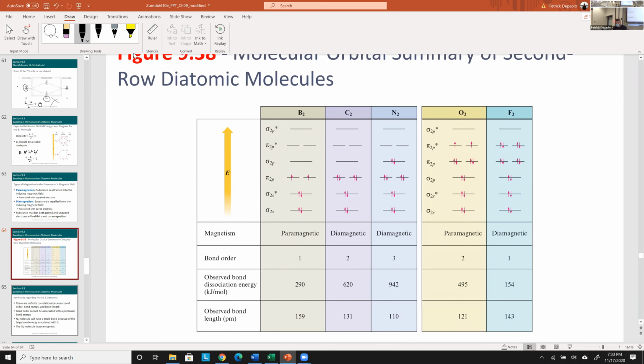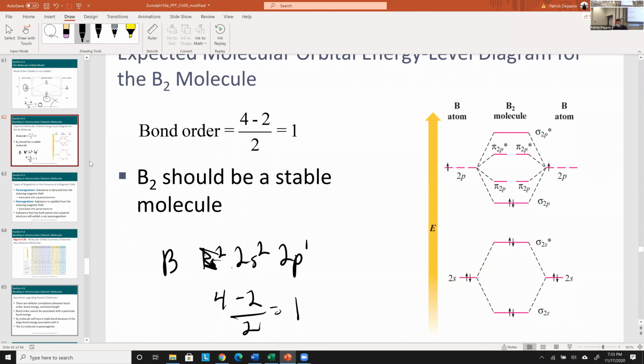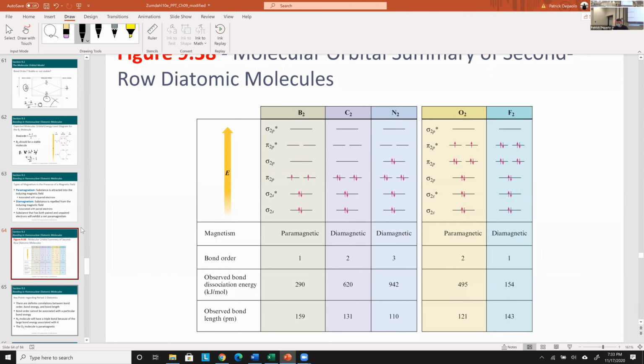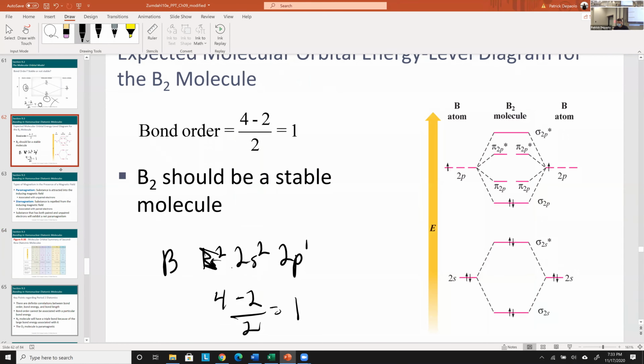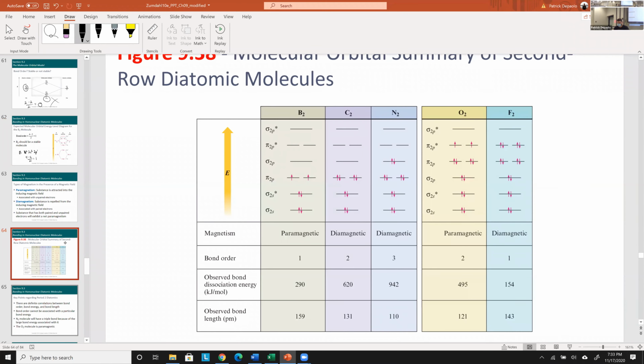where it has, wait, what did they do? Did they draw it wrong? B2. They drew it wrong. Wait, which one's right? Holy crap. Something's wrong here.